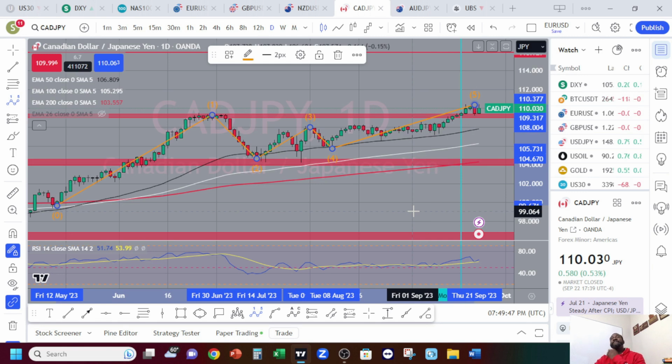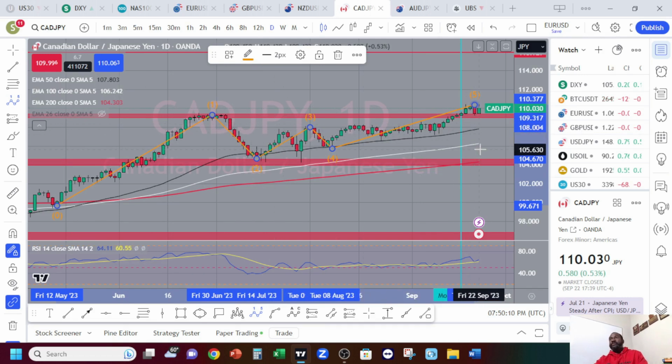So that is an uptrend. Price has been rejected at this 50 EMA: go down to the 50 EMA, come back up, 50 EMA, up, 50 EMA. See the 50, 100, and 200 EMA, and price is in an uptrend in the daily time frame.